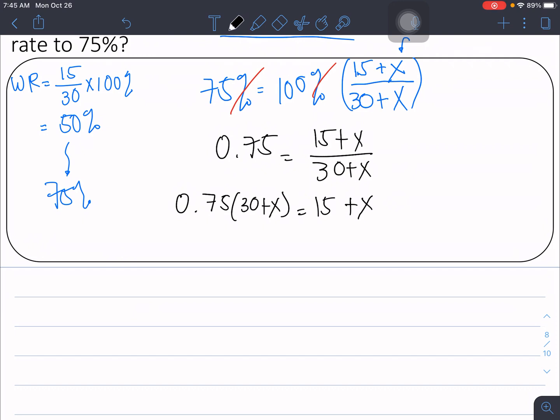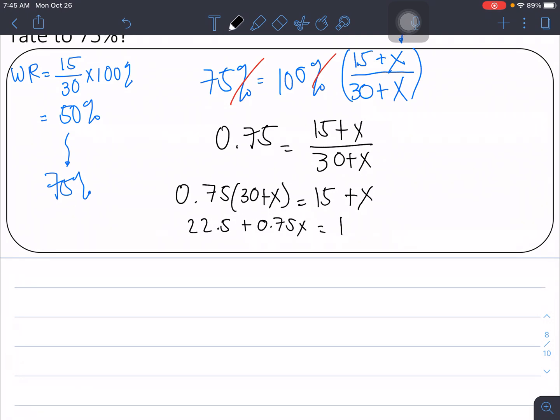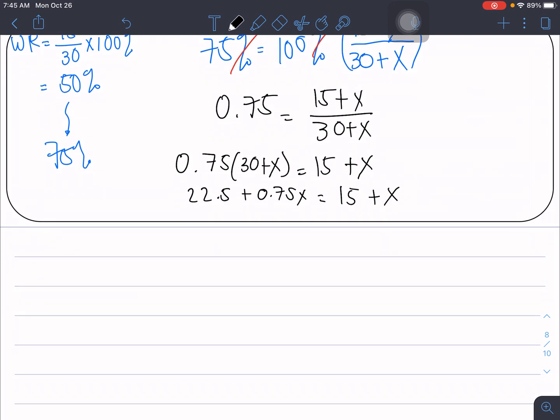So we would like to distribute this. 0.75 times 30 is equal to 22.5, plus 0.75x is equal to 15 plus x. Now I would like to combine like terms.